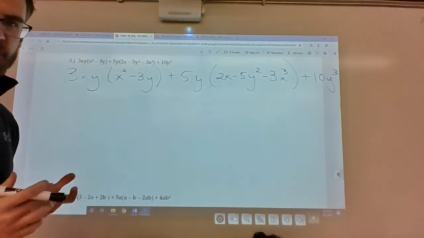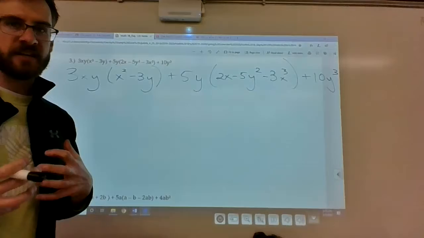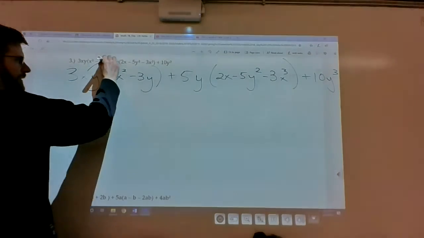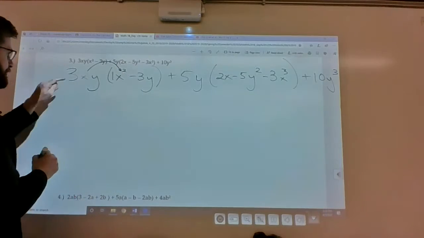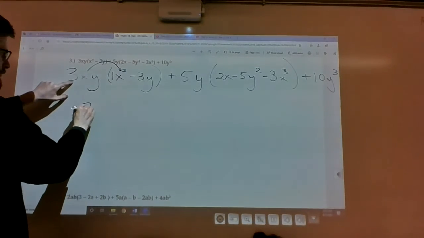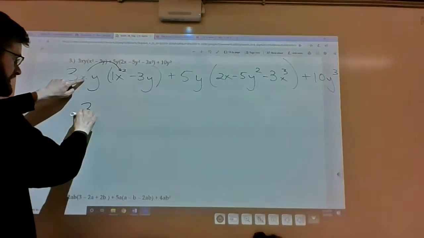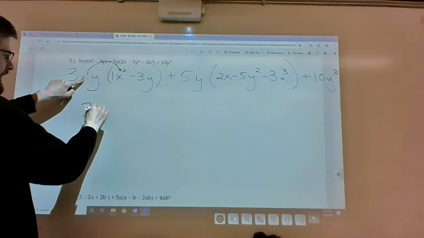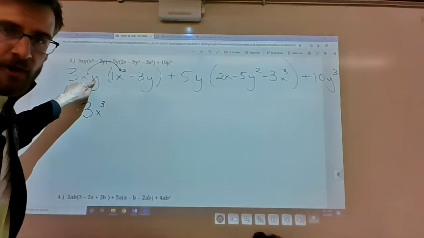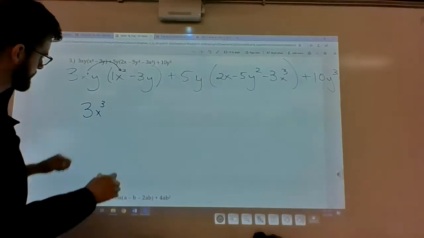The only thing that changes there is you've got more things to manage. All right, so 3xy, you take the 3 times the 1 and get a 3. You take the x times the x squared and you get x to the third power. The y, since there's no other y to work with, you just tag it along at the end.